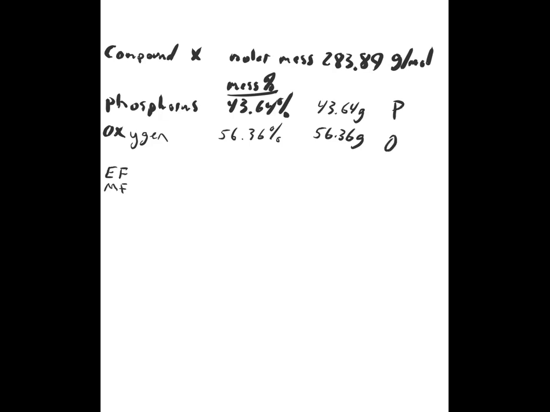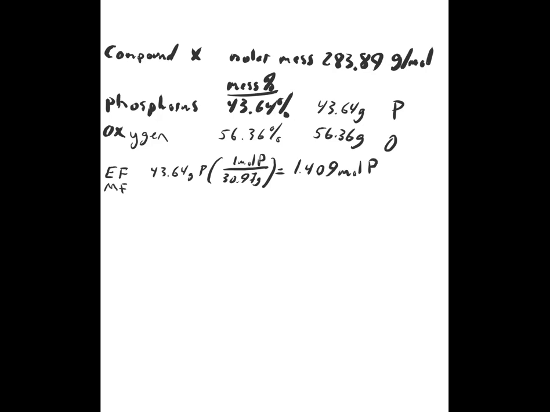So if you have 43.64 grams of phosphorus, 1 mole of phosphorus is 30.97 grams. So 43.64 divided by 30.97 is 1.409 moles of phosphorus.